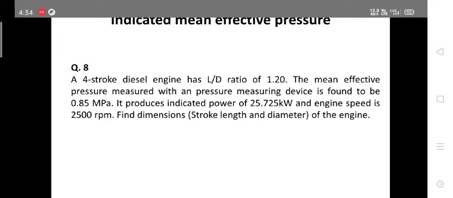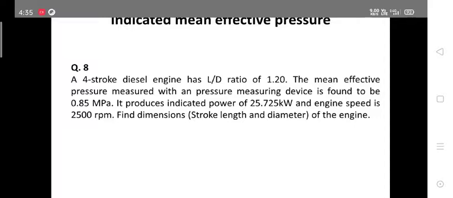It produces an indicated power of 25.725 kilowatt, and the engine speed is 2500 rpm. So you need to find the dimensions, the stroke length as well as the diameter of the engine, that is a 4-stroke diesel engine. They have given the L by D ratio, mean effective pressure, and indicated power, so you need to find out L as well as D.